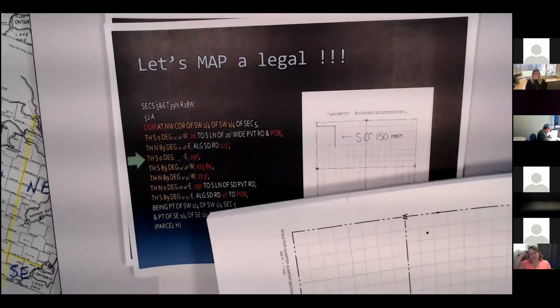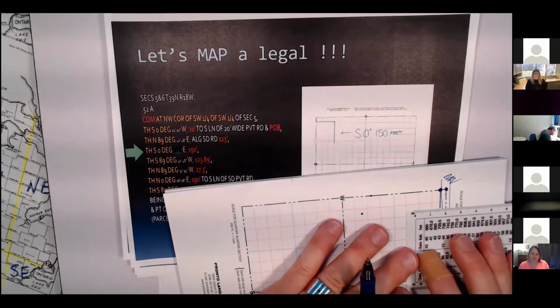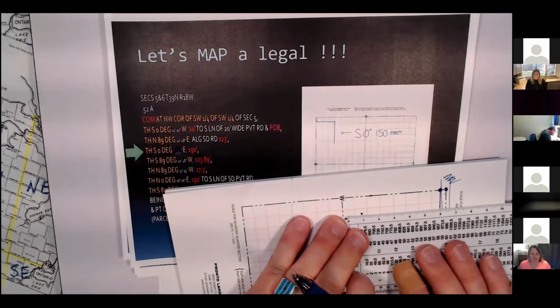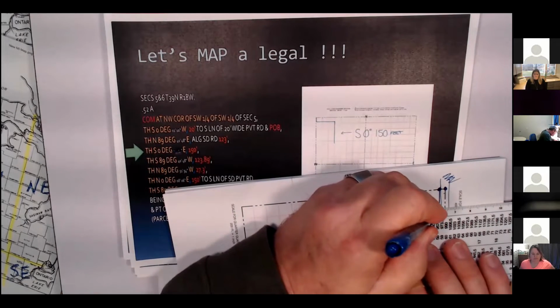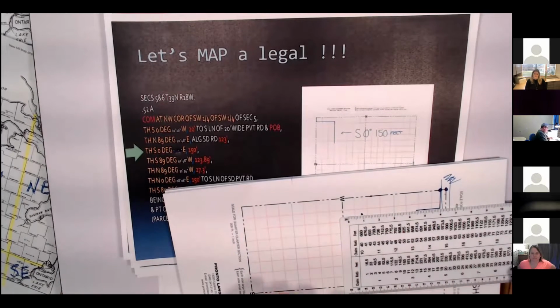We're going south 0 degrees, 150 feet. We'll put that there just for reference. That's 100 and there's 150.